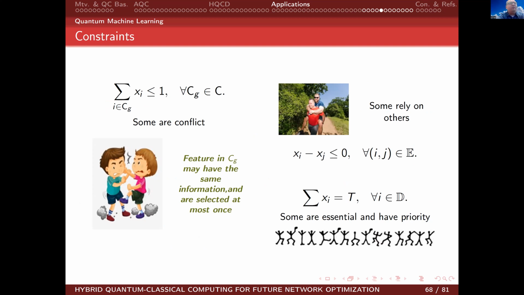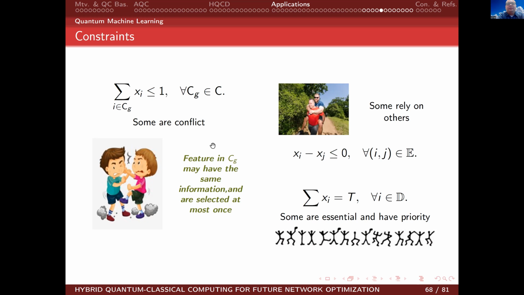That means if we keep feature i, then feature j will be discarded. This kind of conflict should be enforced in the constraints as shown here. The sum of these feature variables is less than or equal to 1, so at most we pick one of them. We will not pick two or more of these features.